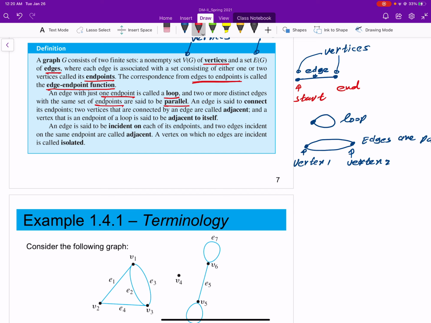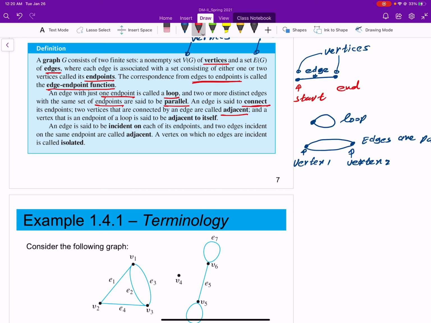Okay, then an edge is said to connect its endpoints. Two vertices that are connected by an edge are called adjacent, and a vertex that is an endpoint of a loop is said to be adjacent to itself. Now we are going to learn another technical term, which is adjacent. All right, an edge is said to connect its endpoints.